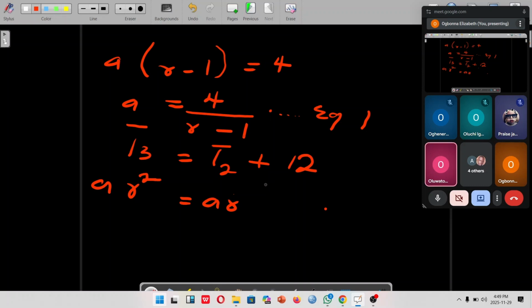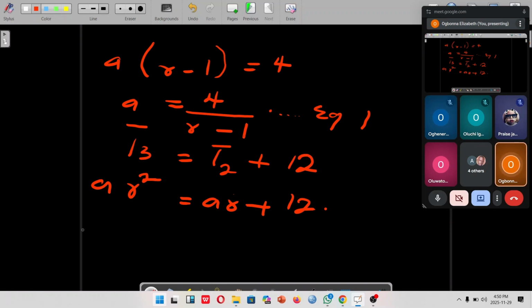Okay, so how did we get A R raised to power 2? That's what he's asking. The T3. So the n there is 3. So subtracted 3 minus 1 equals 2. Is it clear now? Yes, ma.